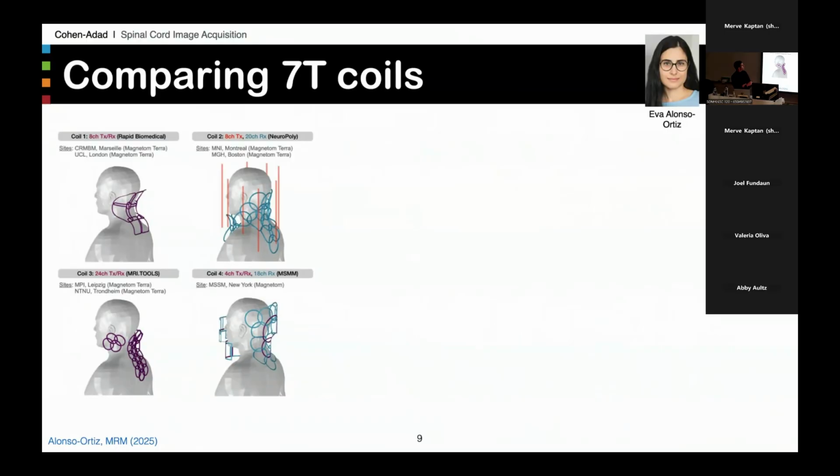Also a coil from MRI Tools that is equipping the MPI in Leipzig, and also the group of Johanna Vannesjo in Trondheim, and then another custom coil in New York, and that's Alan Zeifert's site.